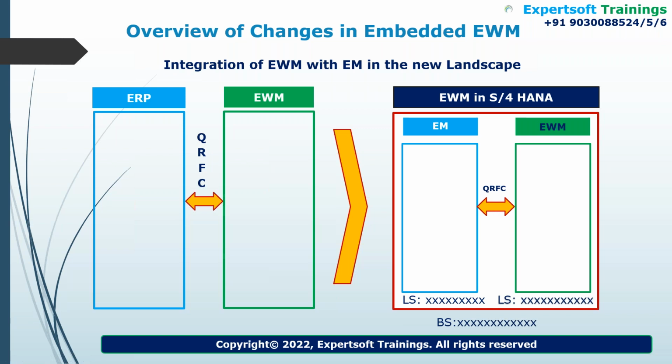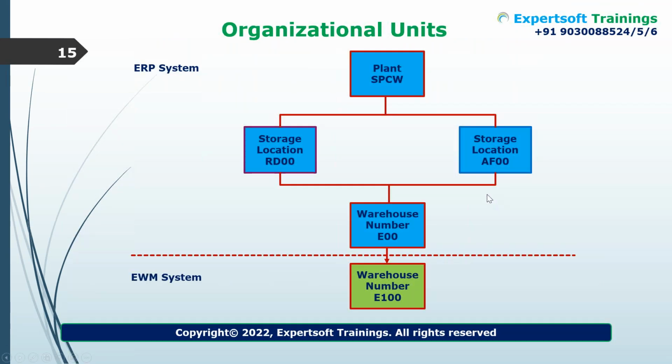Inbound deliveries will get created via QRFC queues, and then they will get updated in your EWM system. We'll see the differences in the data transfer, and how a few additional steps are not required in your embedded version, in the upcoming slides. I hope that is clear so far.